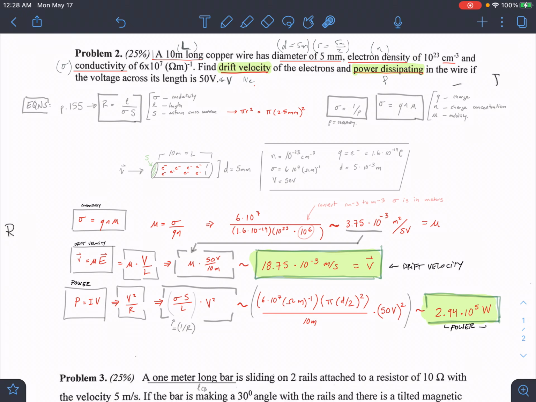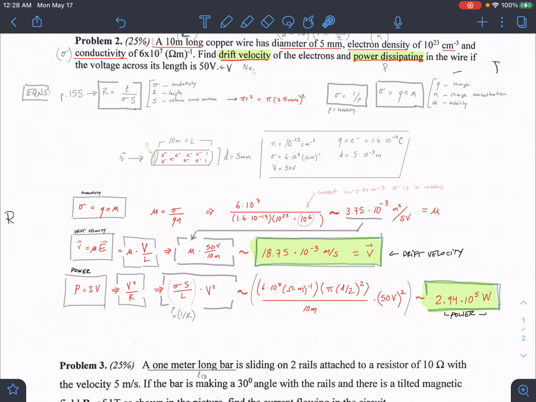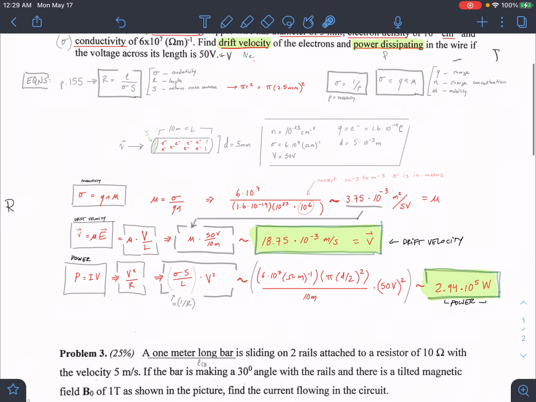That can solve for our mu here. So basically at this point, it's just plug in what we got for part 1 into this, multiply by our E field, which is just voltage divided by length, and then we can solve for the drift velocity here. Okay, and then for power, essentially we are going to do V squared over R.